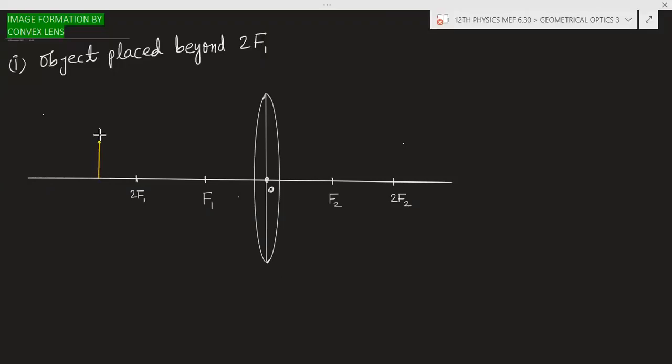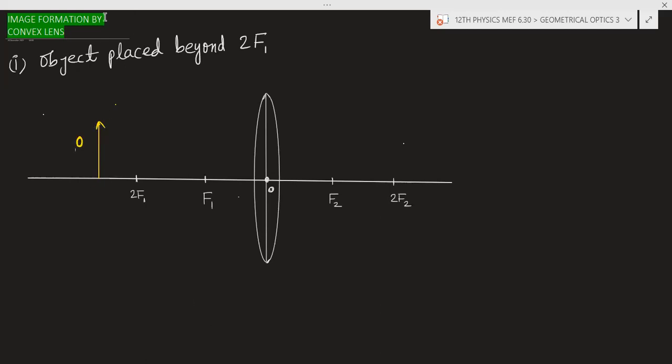So this is the object beyond 2F. Now we will draw the ray diagram.